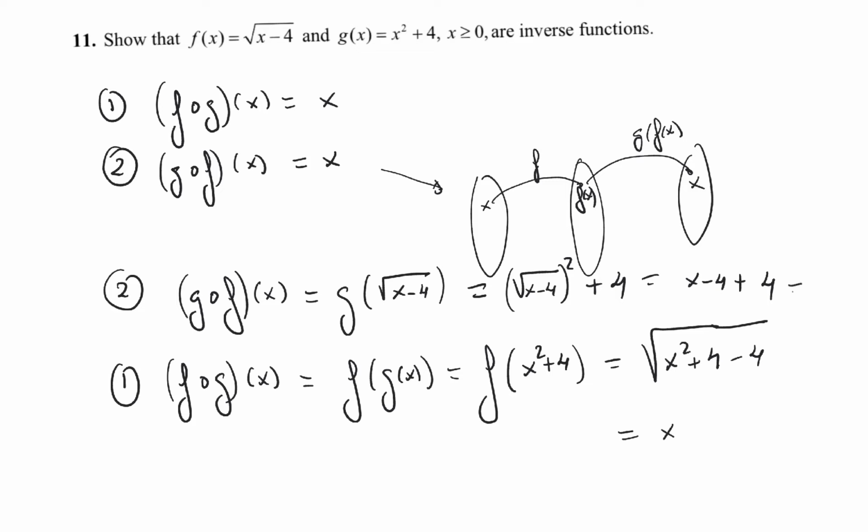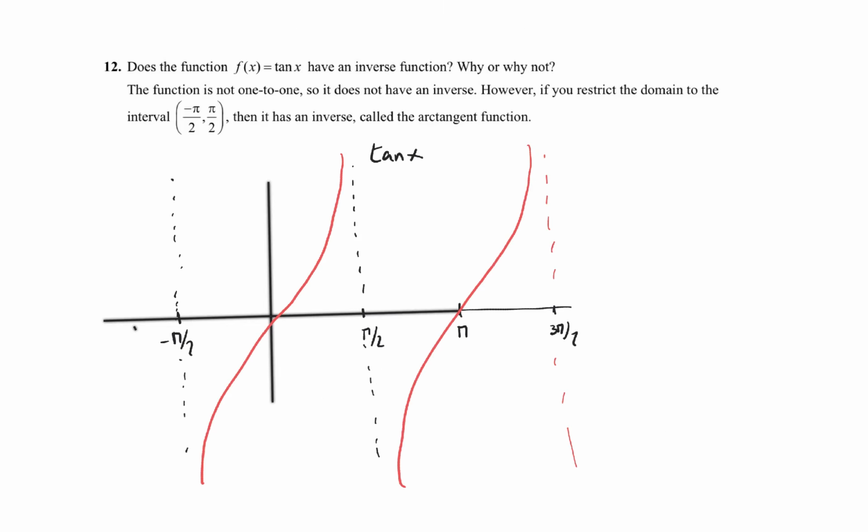So I have proven that both functions are inverse functions. Sine of x and arc sine of x are inverse functions in the interval where they can be inverse functions, that is the interval where the function is 1 to 1, that is the interval between minus pi divided by 2 and pi divided by 2.